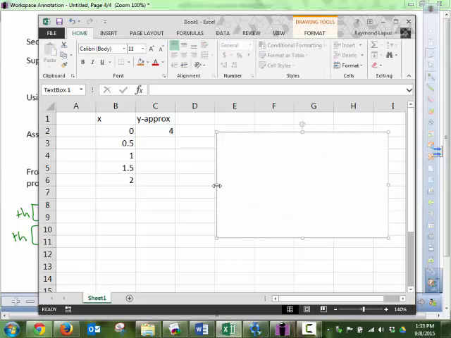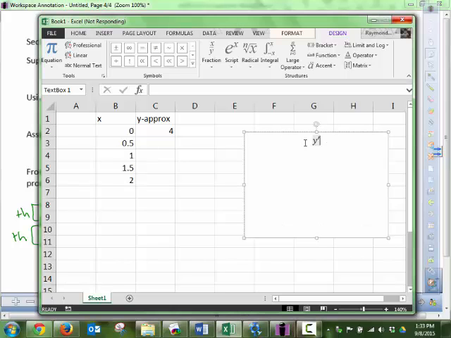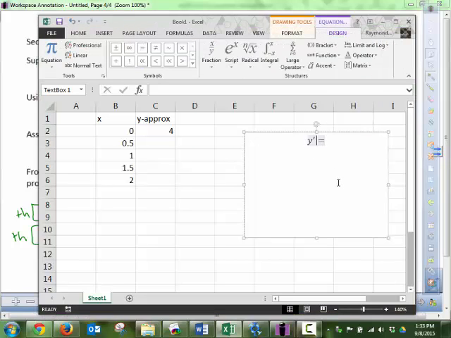Our function is dy dx. Dy dx is equal to, because I want dy dx by itself, x minus y.